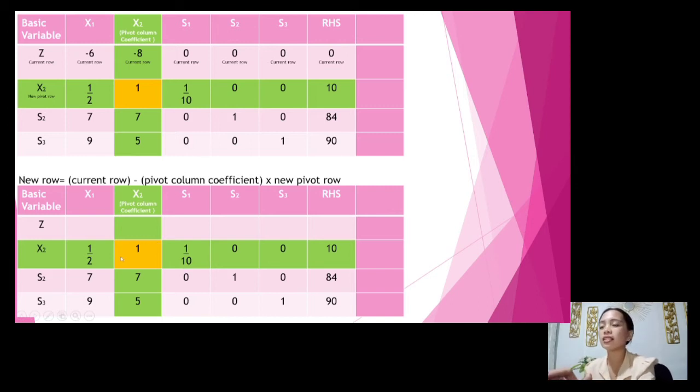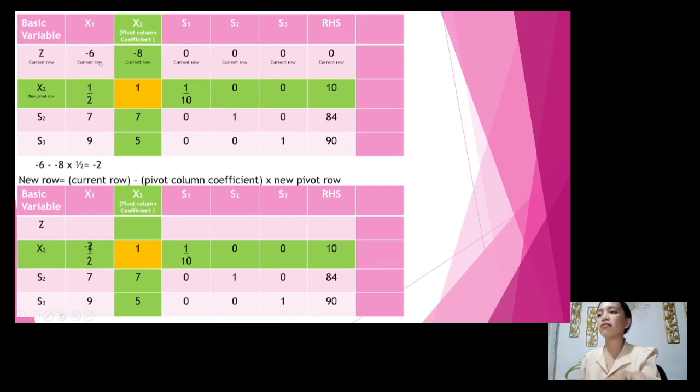So this is our pivot column, and this is our pivot column coefficient. So to get the value for negative 6, we have to subtract negative 8, which is our pivot column coefficient, times the new pivot row. So this is our new pivot row, this highlighted row.